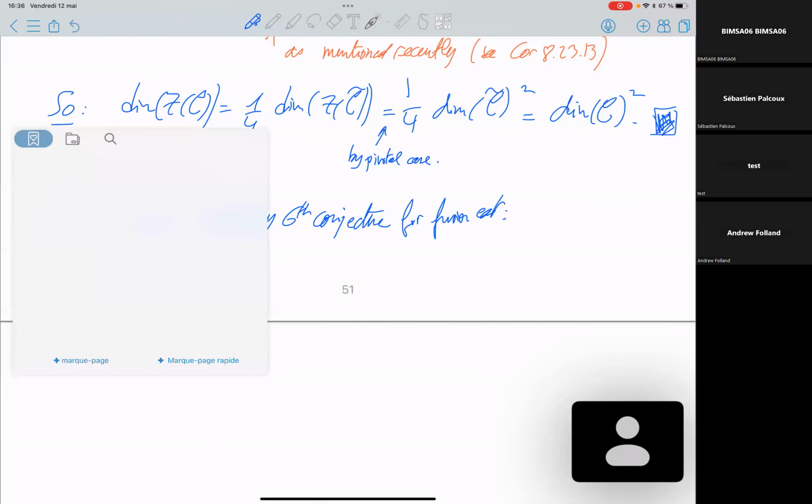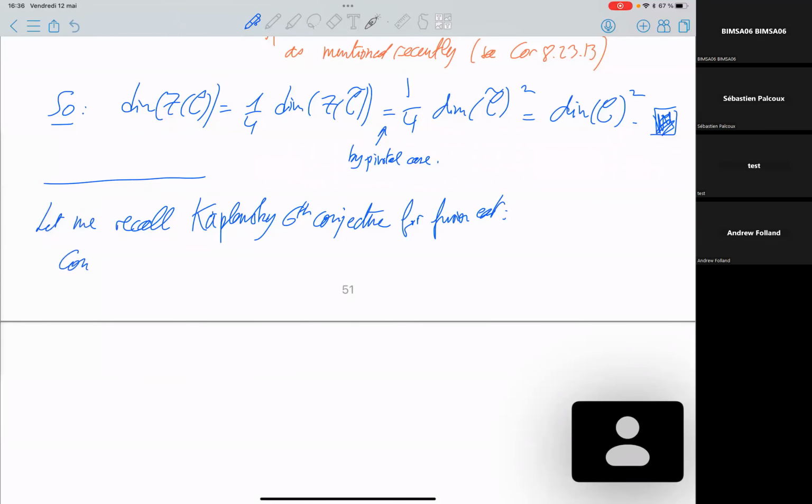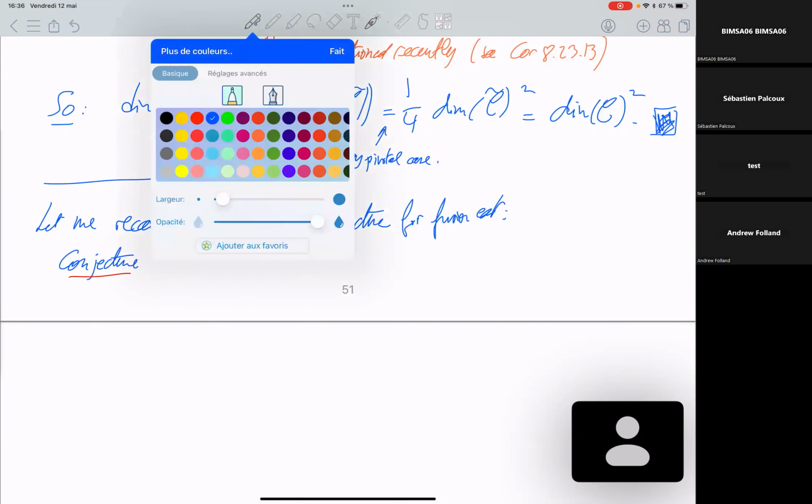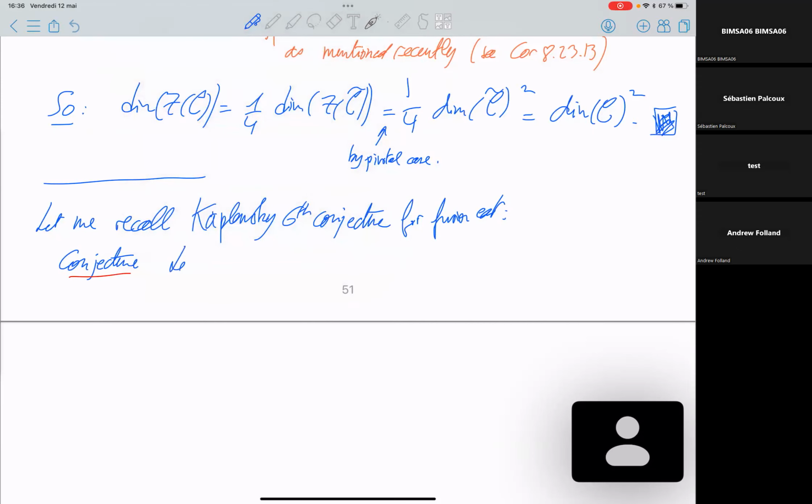Conjecture. Let C be a fusion category. Let X be a simple object. Then the categorical dimension of C divided by the dimension of X is an algebraic integer.